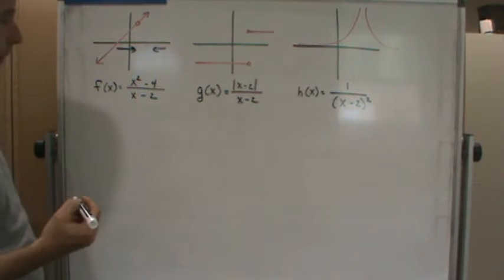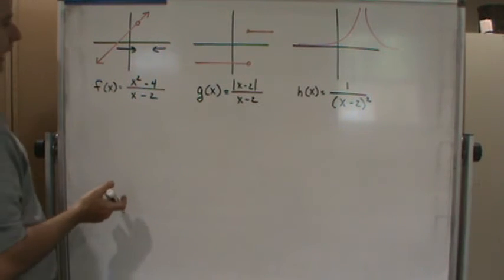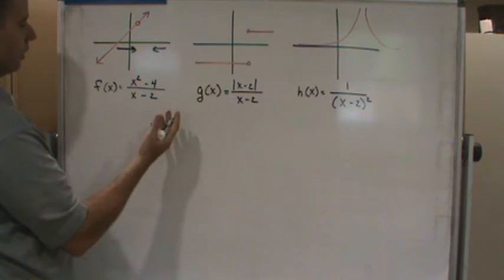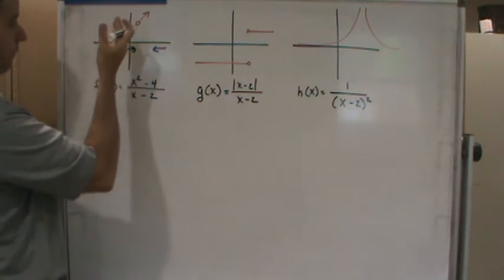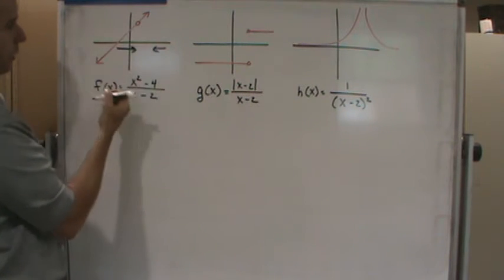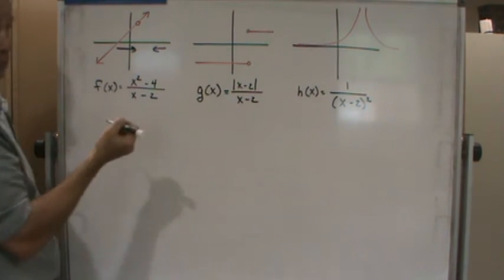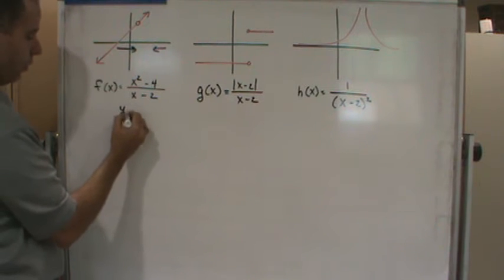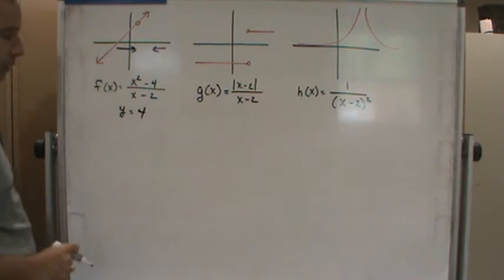Well, as we can see, as we get closer and closer to 2, this graph is approaching what? It's approaching 4.